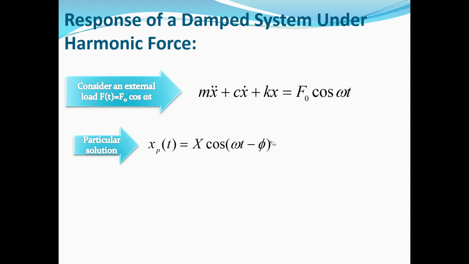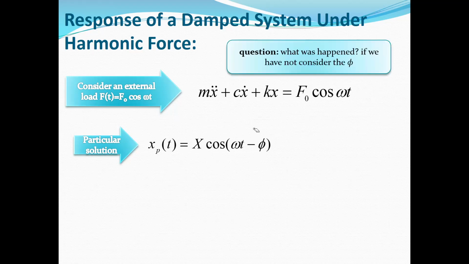Also, again, I should mention that you can consider the particular response similar to the previous example. You can consider x_p(t) in the form of, for example, C1 cosine omega t plus C2 sine omega t, and then you can find C1 and C2, which are related to uppercase X and phi.